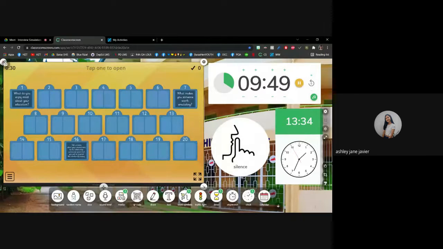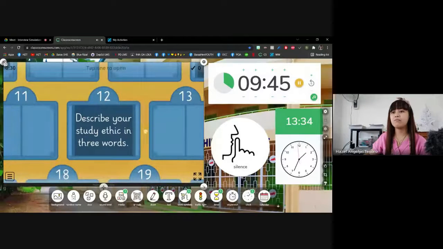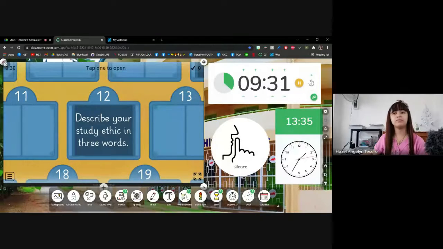Ma'am, 12 po. 12. Okay, let's see that. Describe your study ethic in 3 words. Your study values, like that. Ma'am, wait lang po ah. Sige, it's okay. Because this is a sort of a practice din, no?